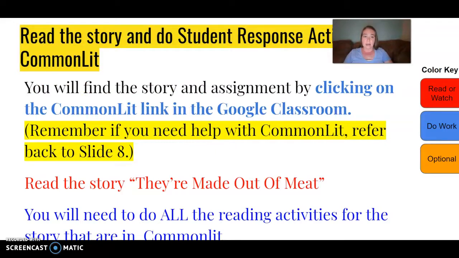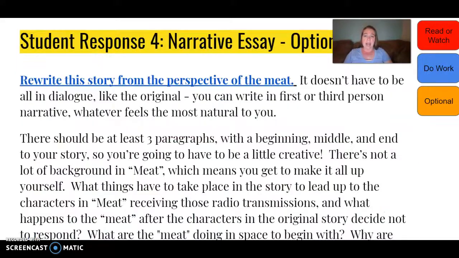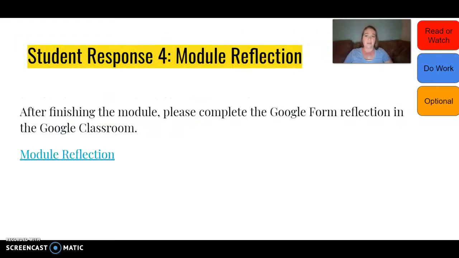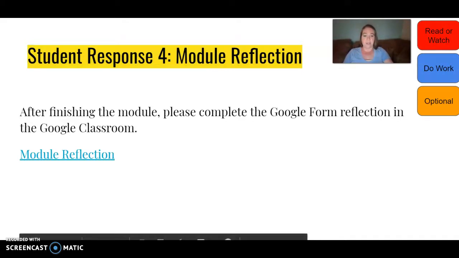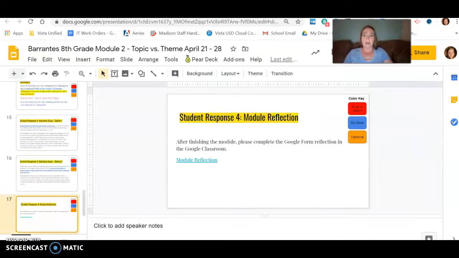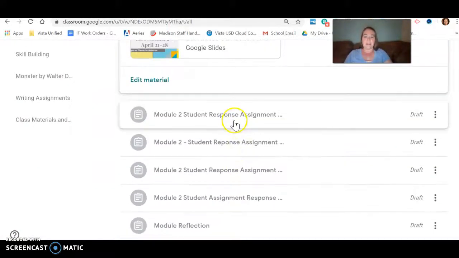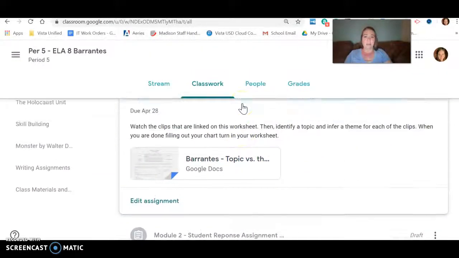You're going to submit those activities on CommonLit, and then your next response is going to be another narrative essay. You have 2 choices, option number 1 or option number 2. You can write either of those, and then your last response is your module reflection. That just gives us more feedback on how this module is effective for you, or if there's something that you still aren't understanding. So going back to our classroom, all of your assignments have been linked right here as their own separate assignment.